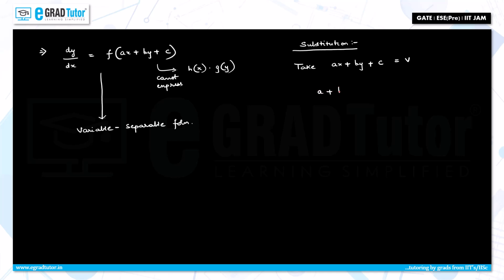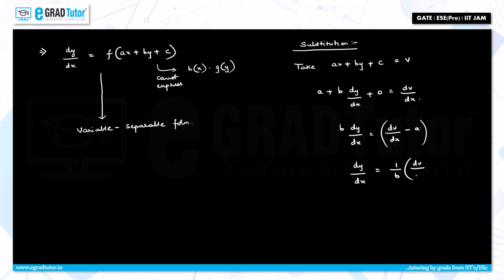You get a plus b dy by dx plus 0 is equal to dv by dx. So b times dy by dx is equal to dv by dx minus a. So dy by dx is equal to 1 by b times dv by dx minus a.